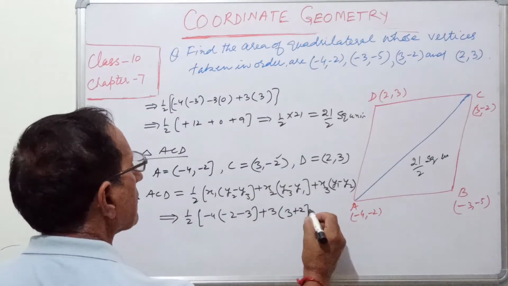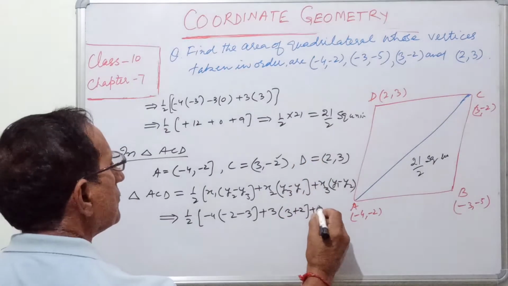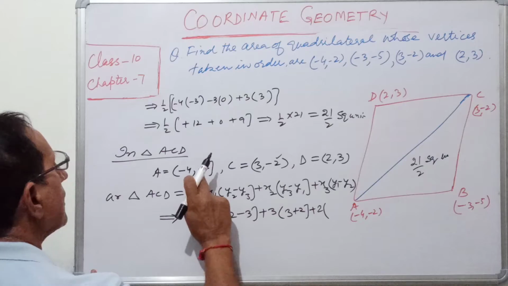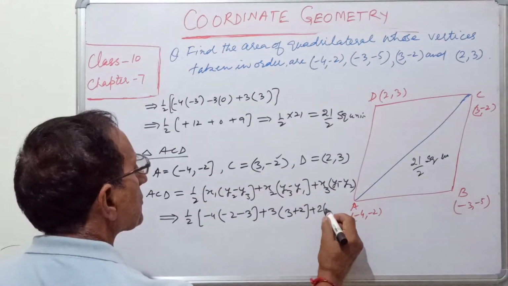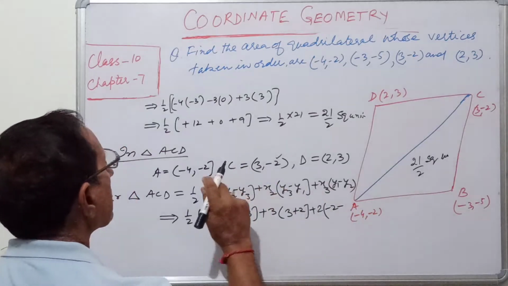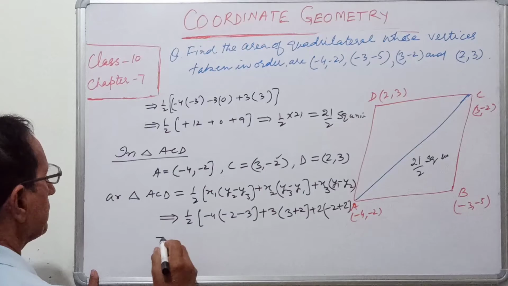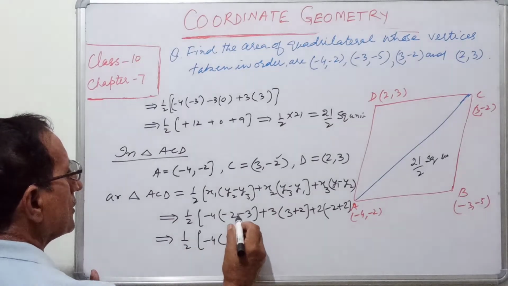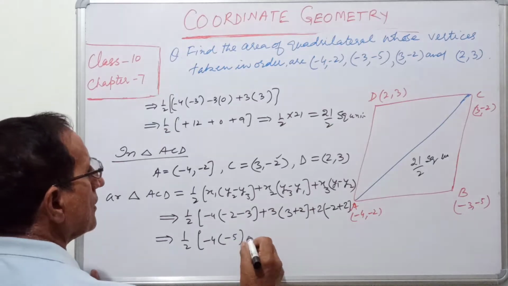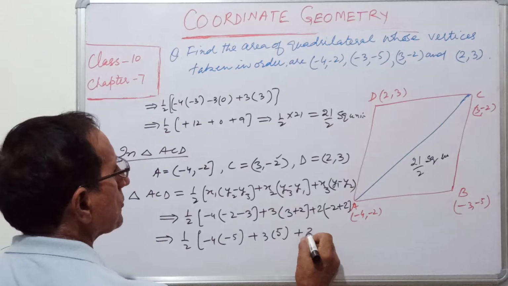After that, x3 is 2 and y1 is minus 2, minus 2 becomes plus 2. 1 upon 2 into minus 4 into minus 5, 3 into 5 plus 2 into 0.